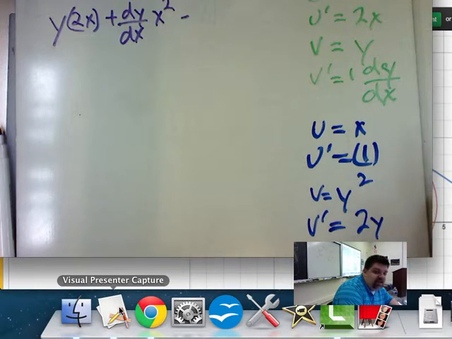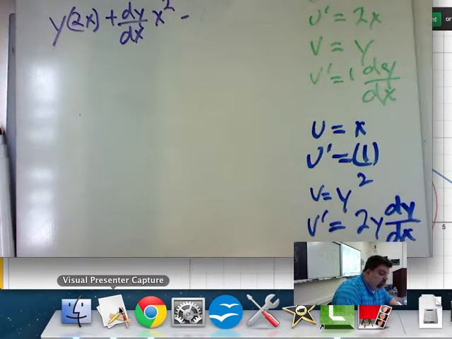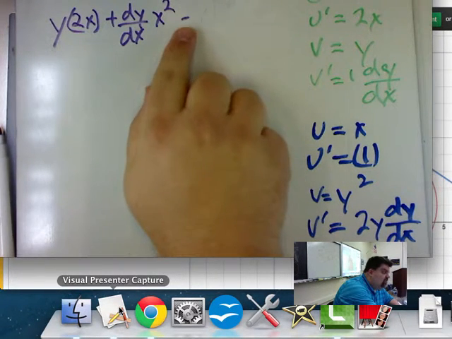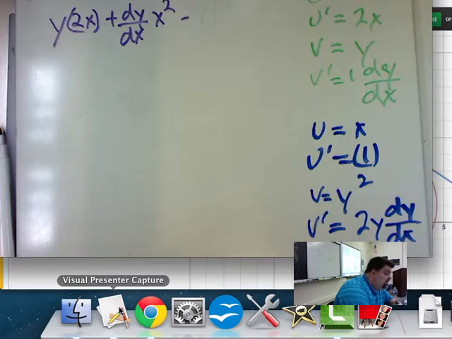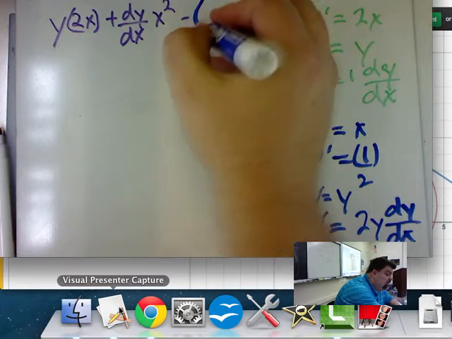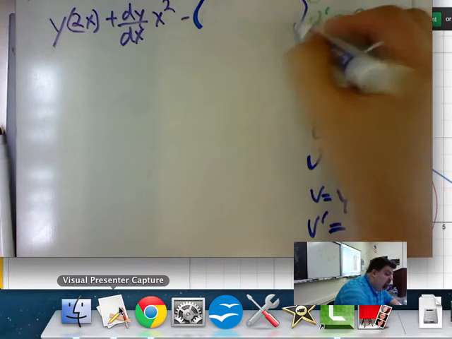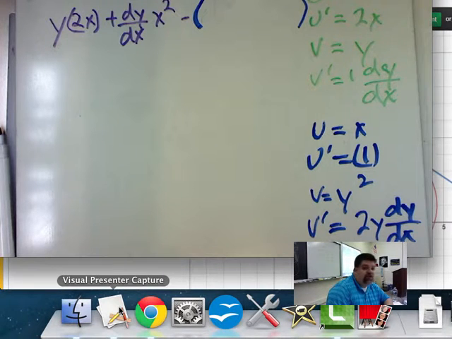What do I have to tack on? dy dx. Wait, is the u negative x or no? No, because I'm just going to leave the negative sign in the front. Oh. But if I leave the negative sign in the front, then whatever I end up with, I got to put in parentheses, right? Because I got to distribute that negative through.